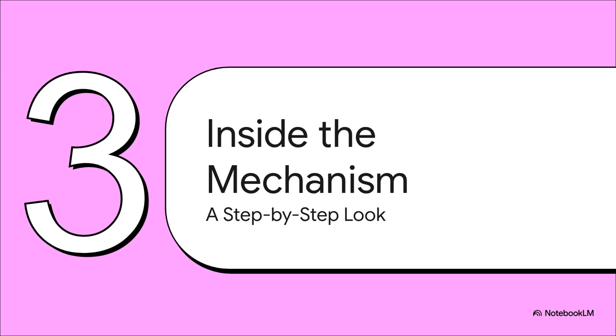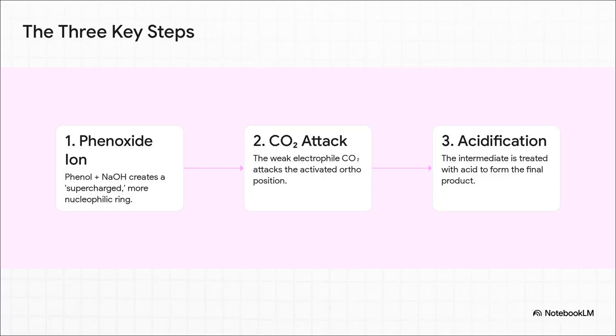Okay, so we know the what, but what about the how? How does this actually happen on a molecular level? Let's peel back the layers and take a look at the step-by-step mechanism that makes this whole thing tick. It's actually a really elegant 3-step dance. So first, the sodium hydroxide comes in and plucks a hydrogen right off the phenol.